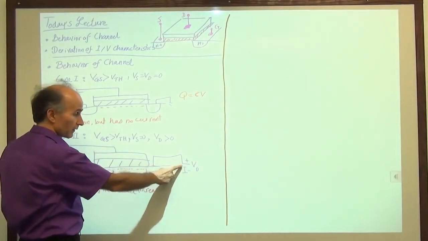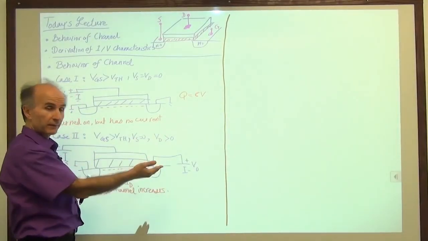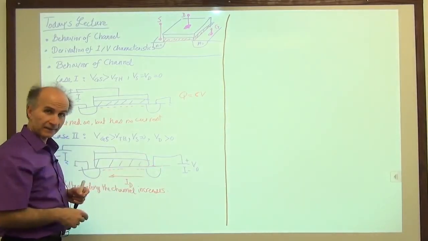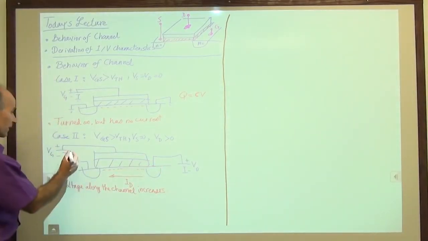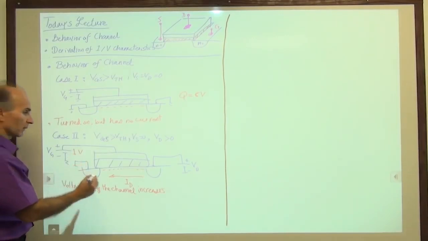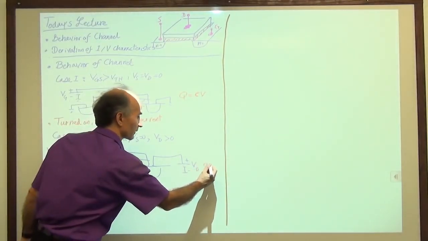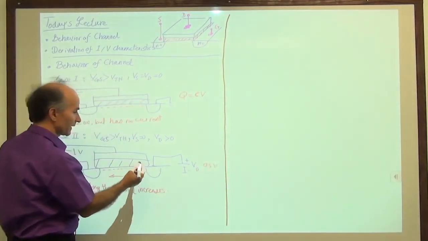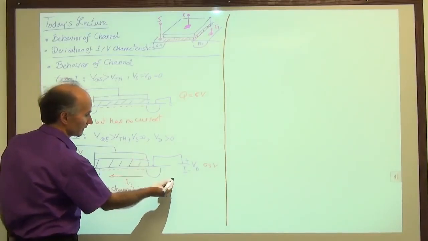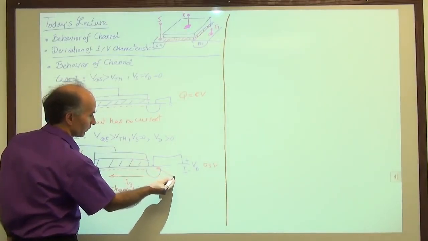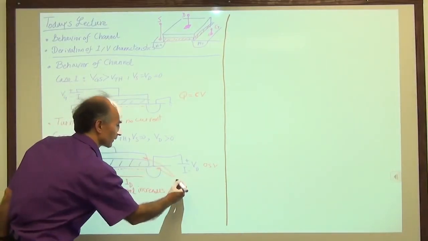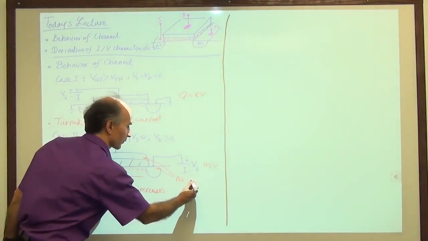Whereas the drain voltage is not 0, the drain voltage is some positive value, which means this difference is less. So let me give some values here so that we can play with them, 1 volt and 0.5 volts. So we see that the voltage difference here between these two, delta V, is 0.5 volts.